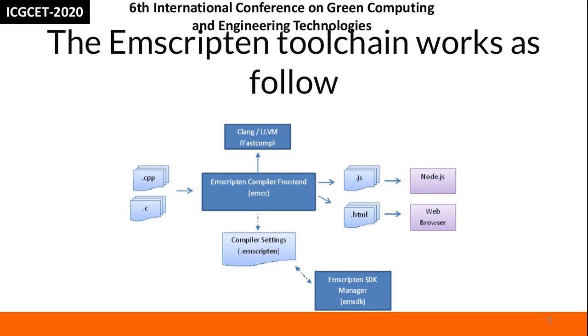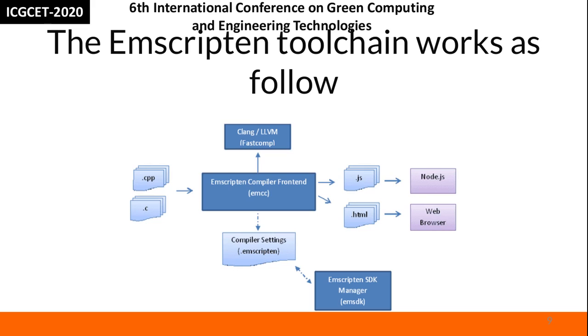The Emscripten toolchain works as follows. It needs an input code file, which is compiled with several features or options, and the result is two files, an HTML file and a JavaScript file.